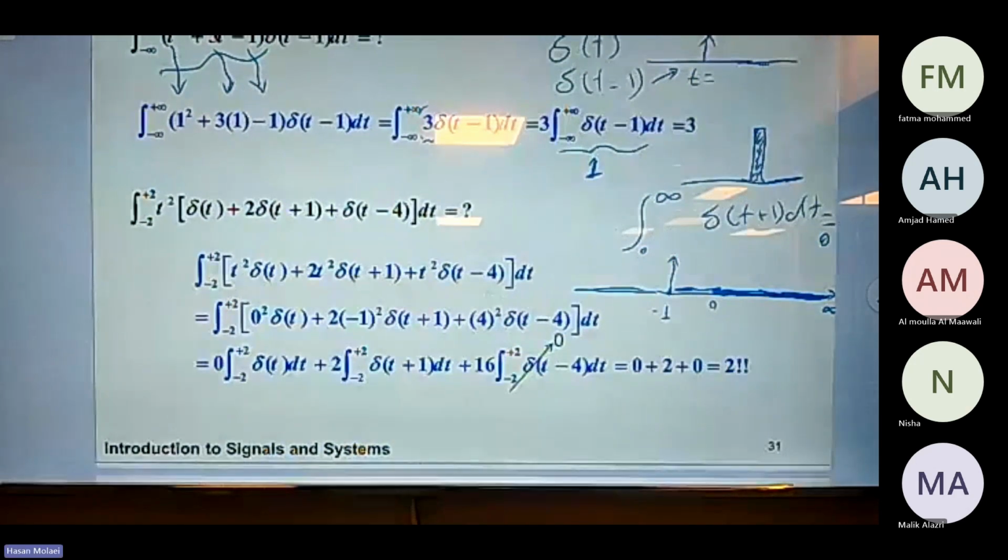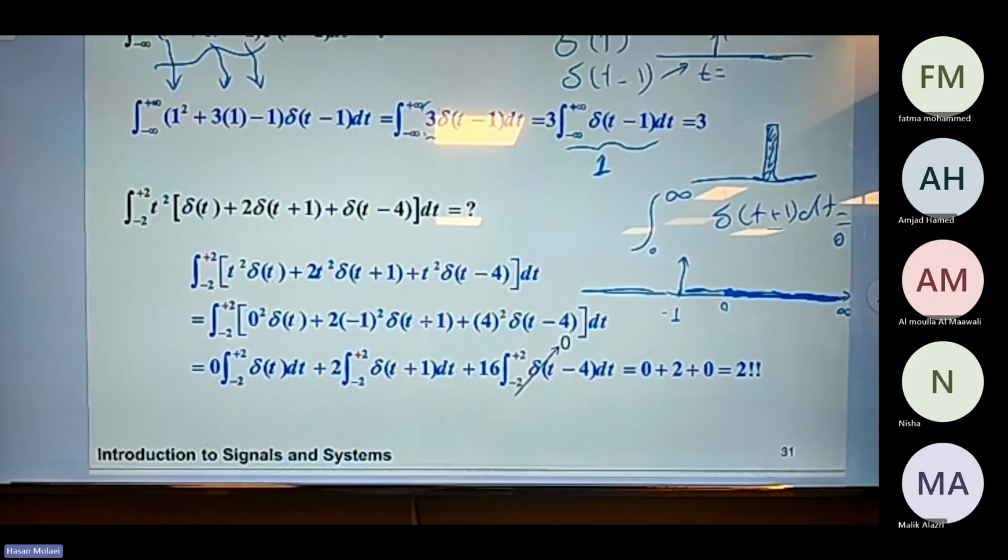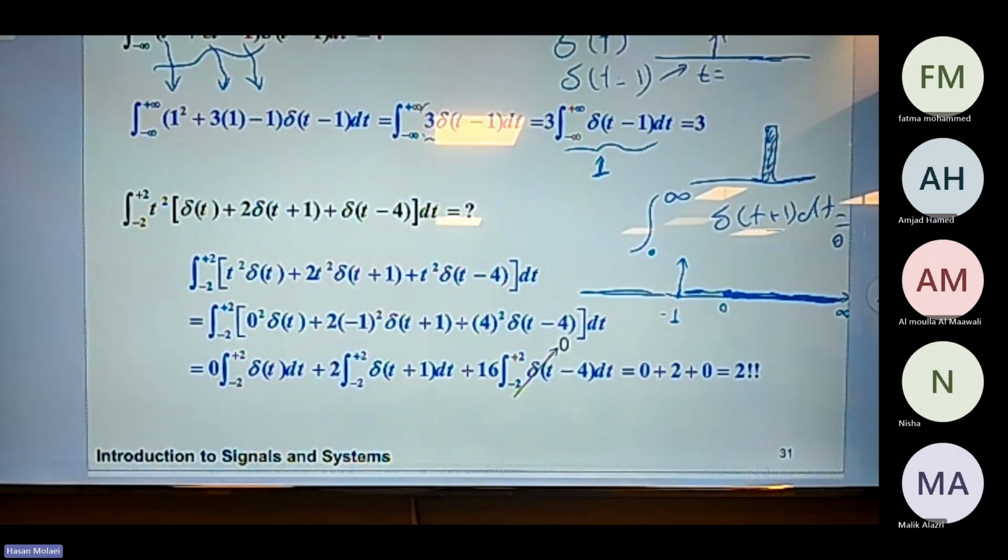Again, let's see another example. We have 3 deltas. They are linear. We can calculate each separately. This one occurs at t0, it's going to multiply by t squared, which means I need to replace t by 0, so I can omit this one.